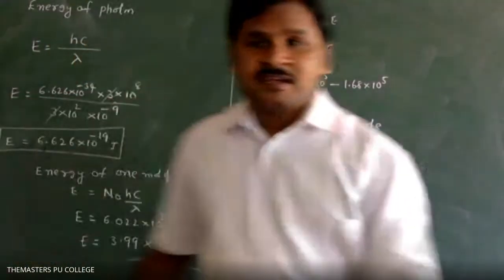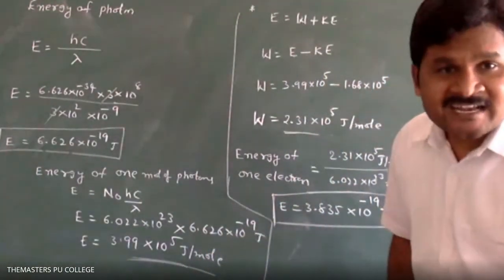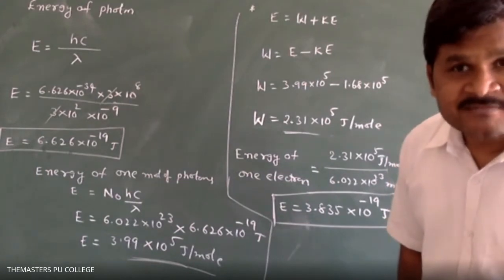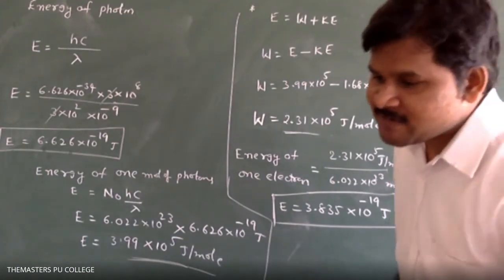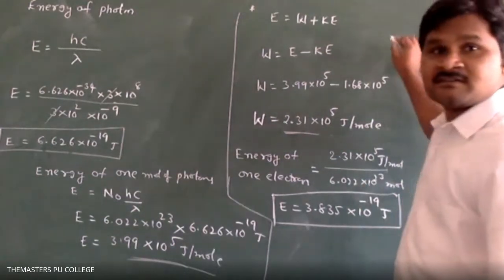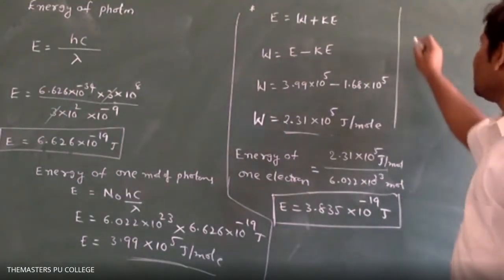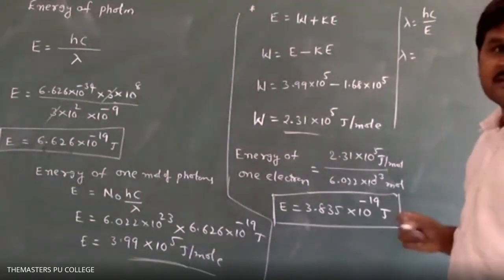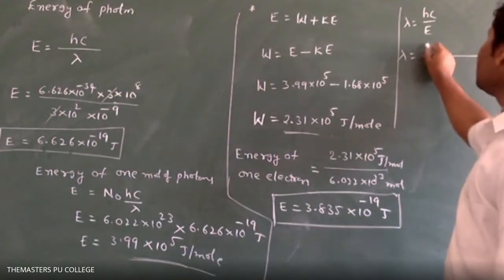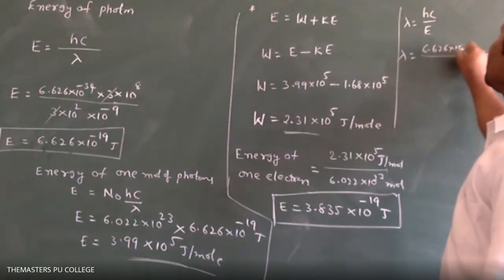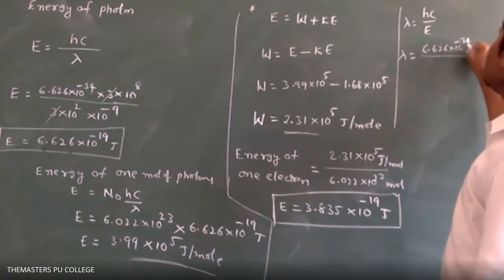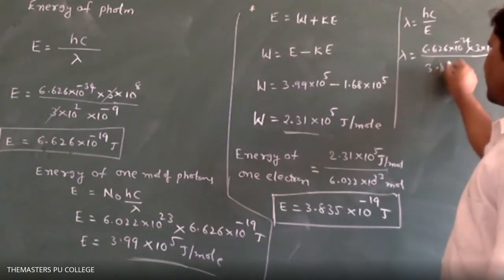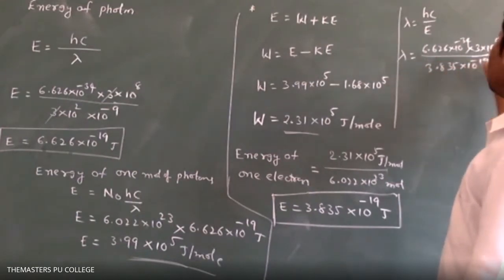Now you know the energy of the electron. If you know energy, is it possible to calculate wavelength? The formula is lambda is equal to hc by E. The h value is 6.626 into 10 power minus 34, times c value 3 into 10 power 8, divided by 3.835 into 10 power minus 19 joules.